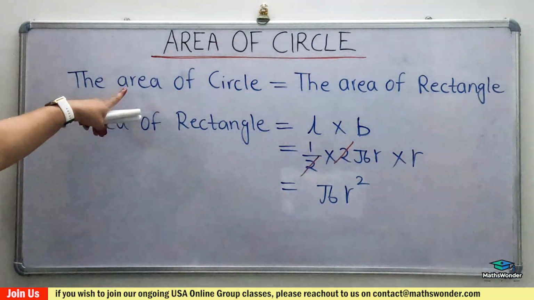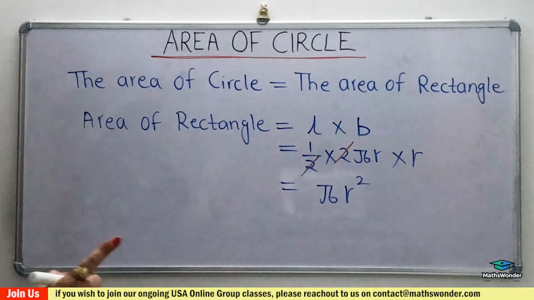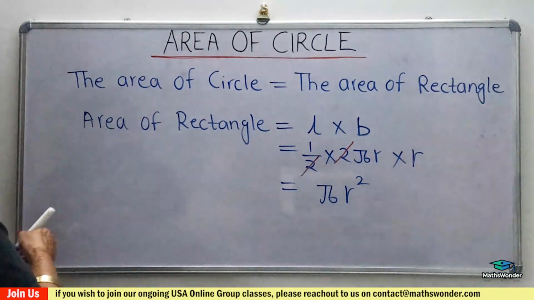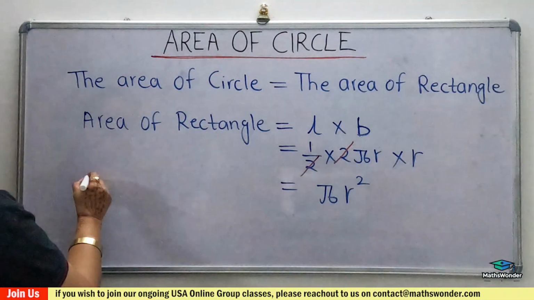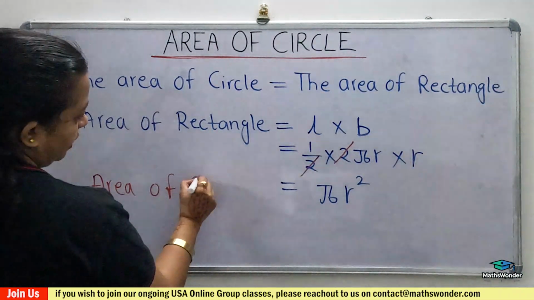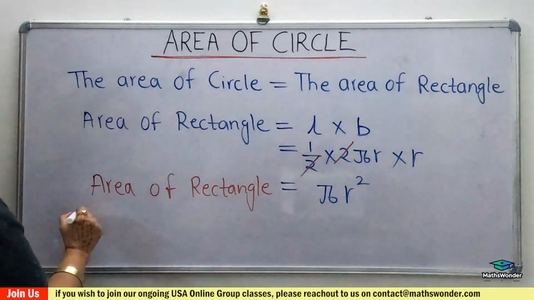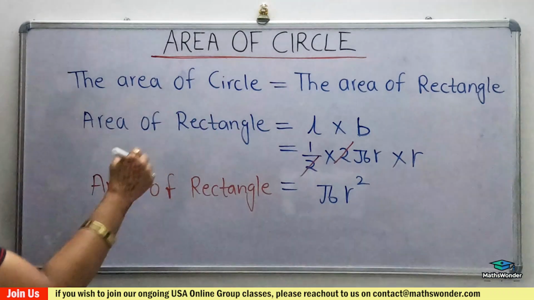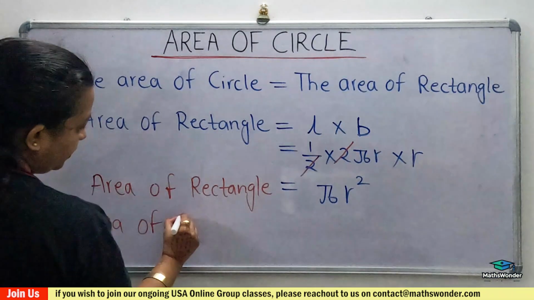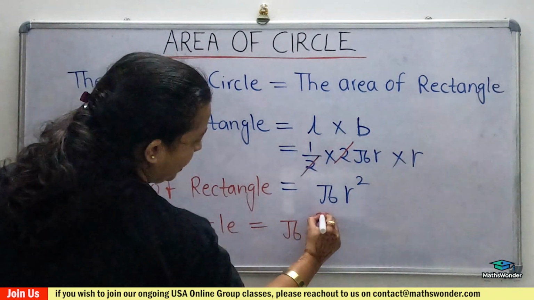As you know, the area of circle is equal to the area of rectangle according to our figure. So the area of rectangle is pi r square, so the area of circle is also pi r square. So the final area of circle is pi r square.